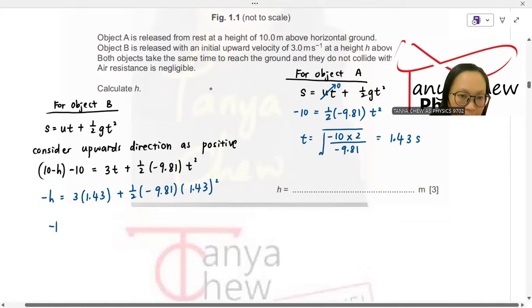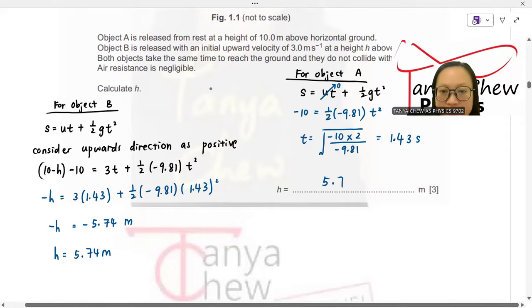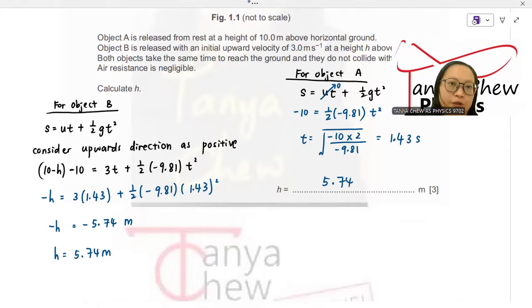I got negative h equals negative 5.74 meter. Therefore, h is equal to 5.74 meter. So 5.74 meter is the answer.